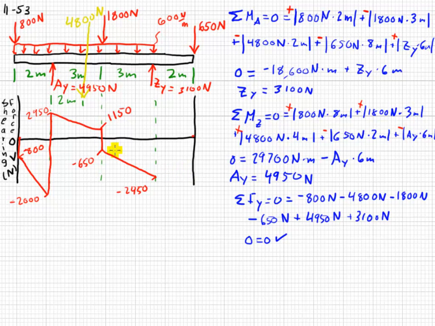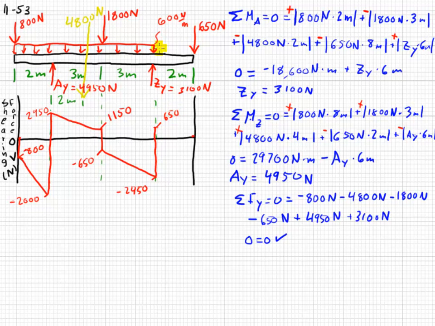Down to 2450. Then the reaction of 3100 newtons kicks in at this critical point, so we add 3100 newtons to here, and that is 650.